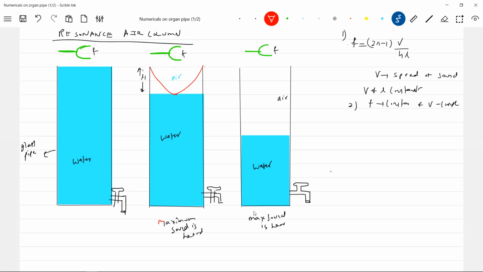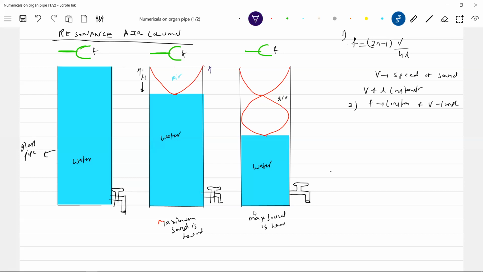Next, again the same vibrating tuning fork will be there. These are the air particles here. They'll be vibrating here. Then continuously the tuning fork will be vibrating. Continuously I'll get an incident wave and a continuously reflected wave. The superposition of that gives a standing wave. And when do we get maximum sound? When the length of the air column becomes equal to the resonating length here. So what is this distance?